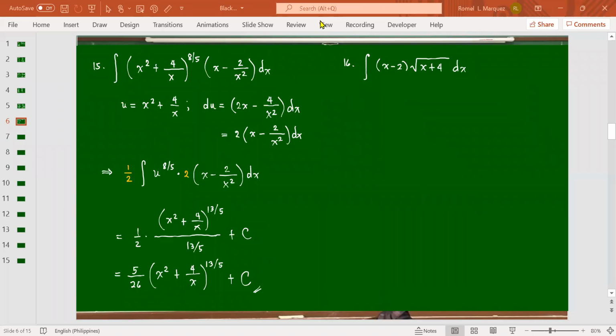X plus 4 raised to 1 over 2, quantity x minus 2, dx. Yung u po is yung x plus 4.